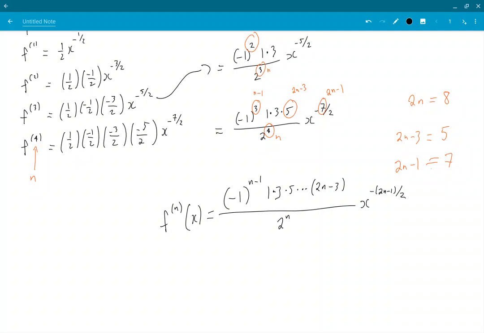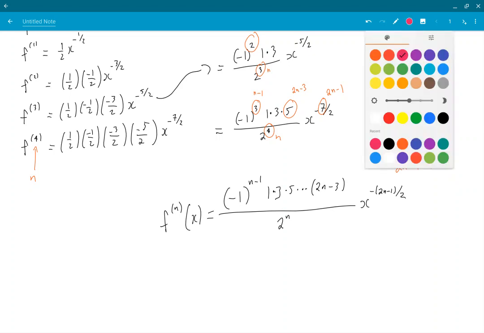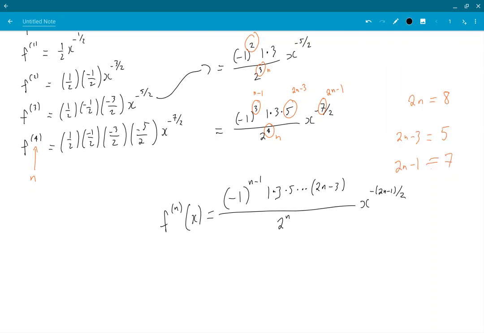So what's wrong with this formula? Well, what happens when I plug in n equals 1? Okay, you see there's an issue right here, right? So plugging in n equals 1 is going to give me a serious problem here. So in fact, I'm going to use this formula only for n's bigger than 2.